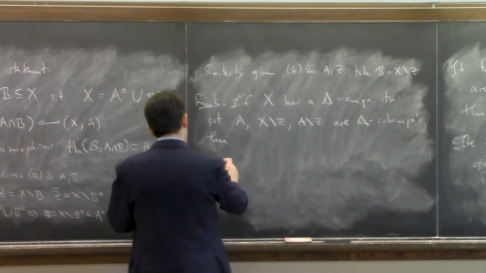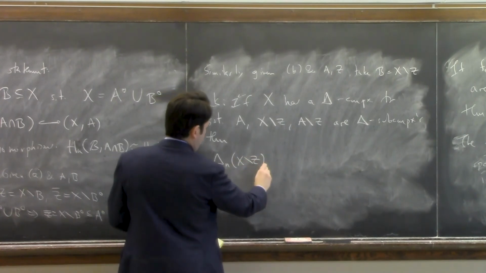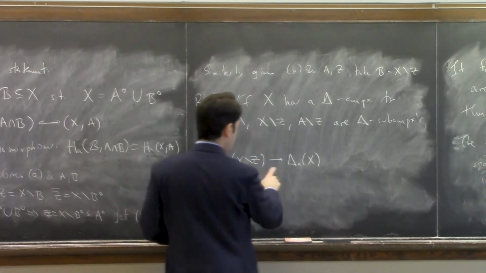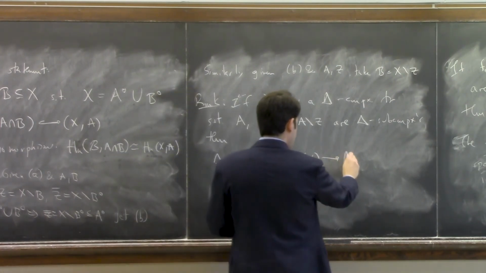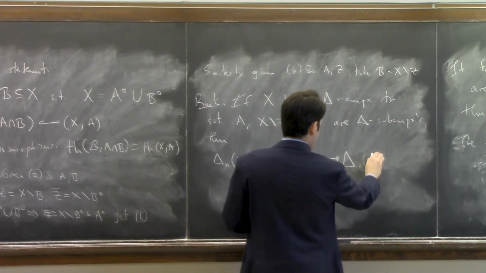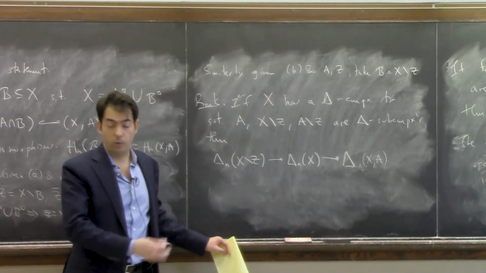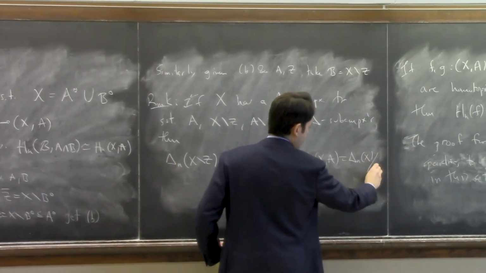Then all you do is you consider the chain group for X minus Z that includes into the chain group for X, and then I can project this to the relative chain group, where here just as for singular homology, this just means the quotient.